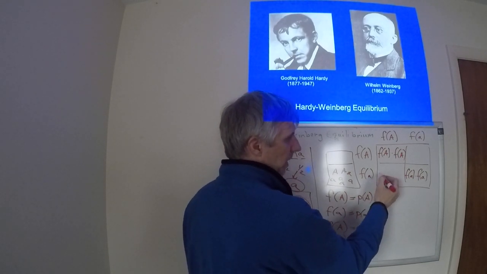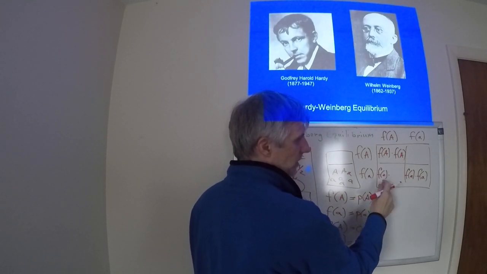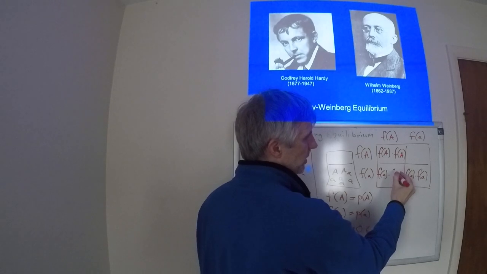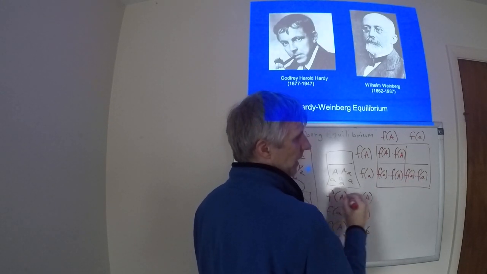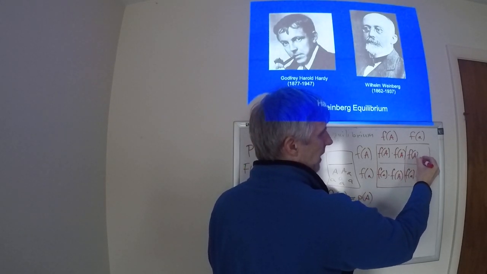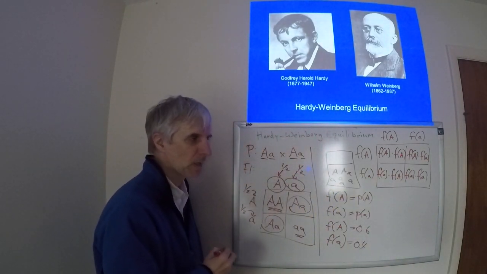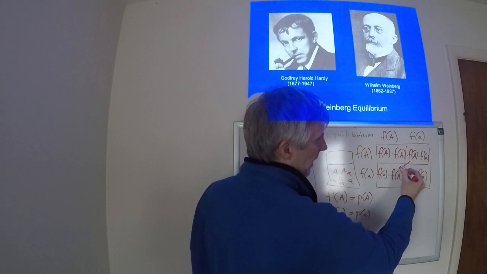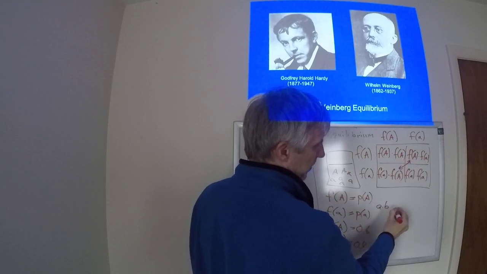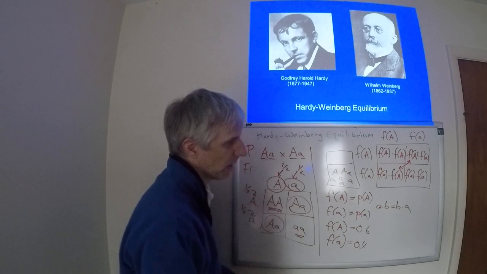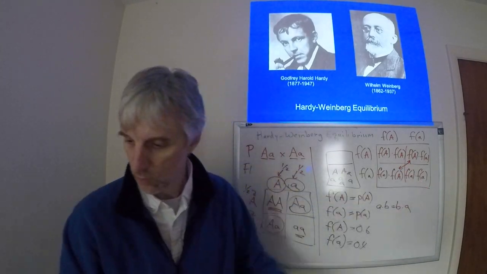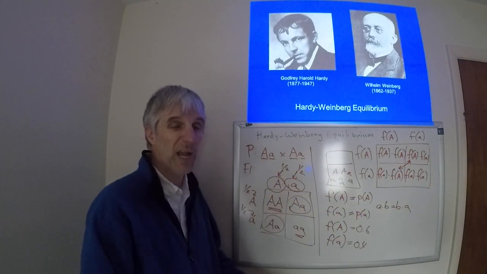If I reach into the bucket and pull out a little a first, that's given by its frequency, followed by a big A, or I could reach in and pull out a big A, followed by a little a. The commutative property of multiplication says A times B is equal to B times A, and therefore these two numbers, whatever they are, are actually the same.